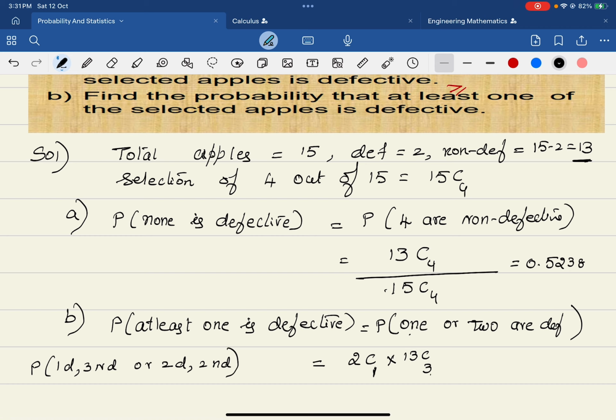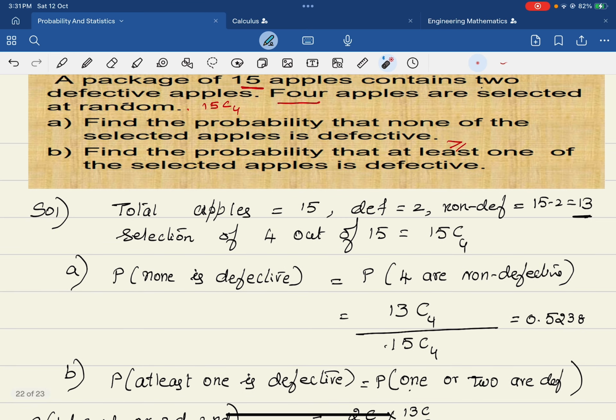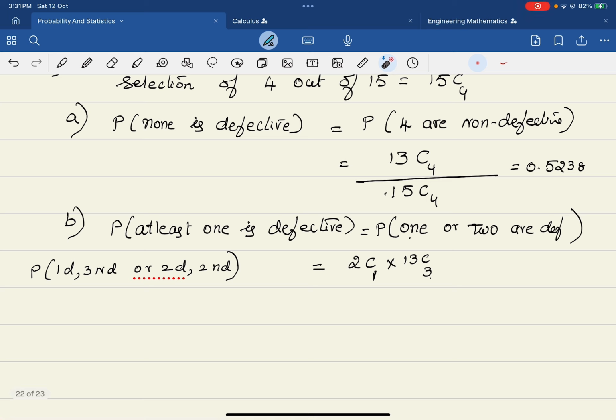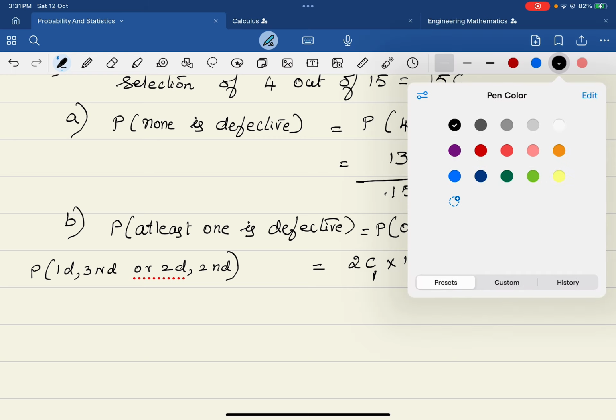Are you able to understand? Now could there be 3 defective? Is that possible? No, because how many defective pieces are there? There are only 2 defective pieces. So we can say that it is 1 defective and 3 non-defective, or 2 defectives and 2 non-defectives. This should happen.